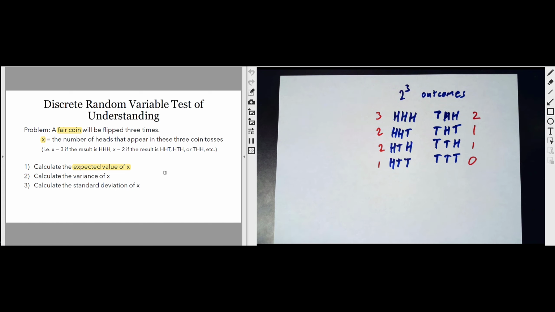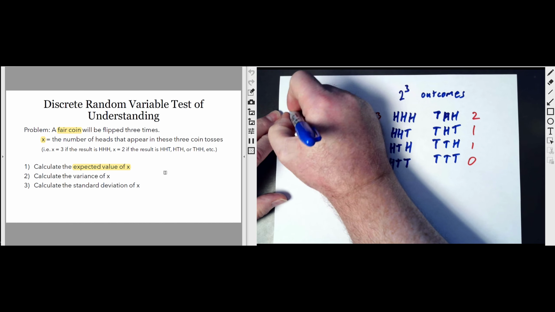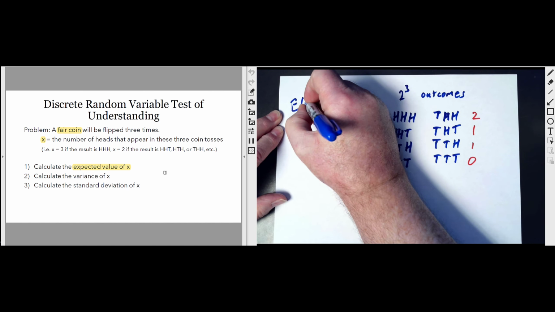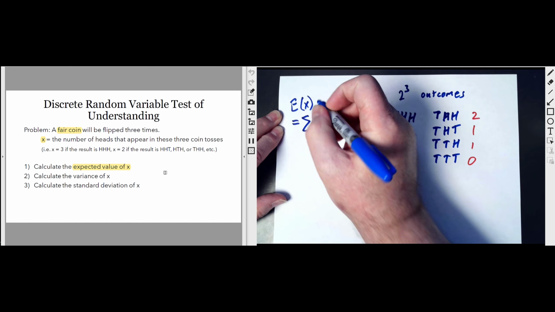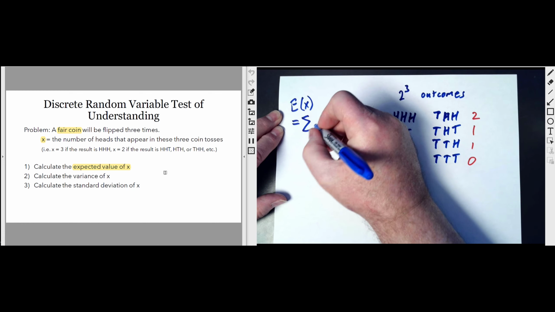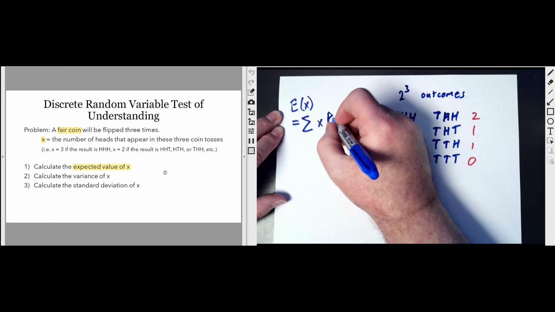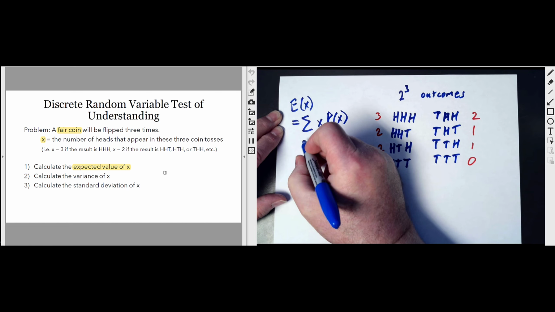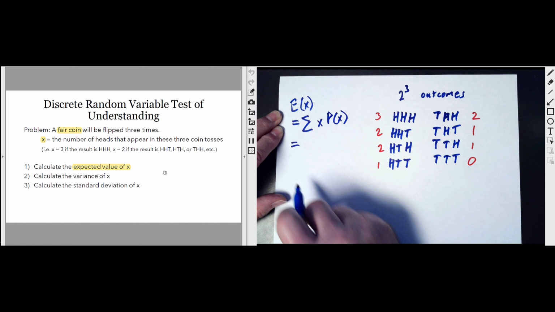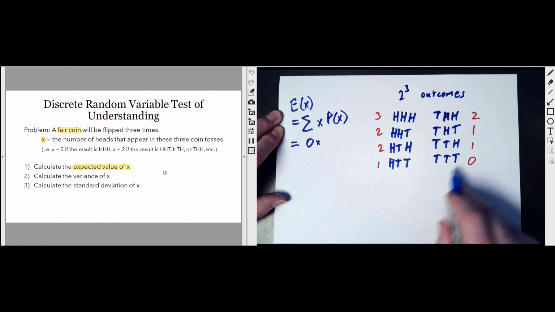Consequently, our expected value of x is going to be the sum of the value of x times the probability that we got that value, and that's going to be 0 times, well, 1 out of 8.